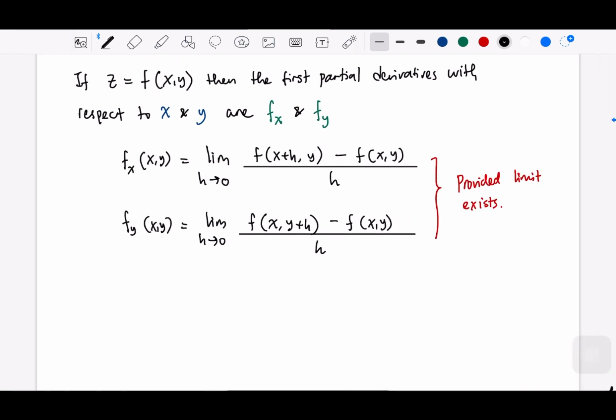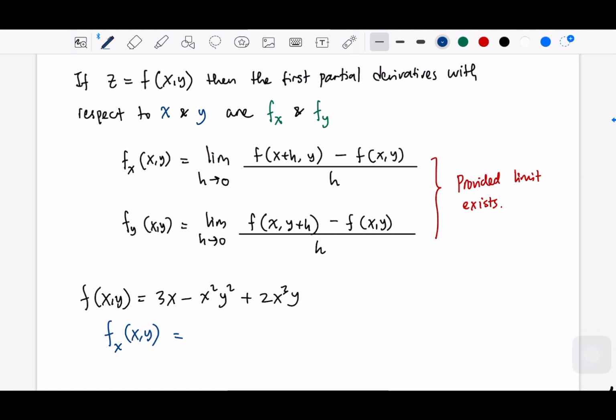Let's say you have the function 3x minus x squared y squared plus 2x cubed y. If you want the partial derivative for both x and y, first the partial derivative with respect to x, which means we differentiate x as usual, and for y we just treat y as a constant.